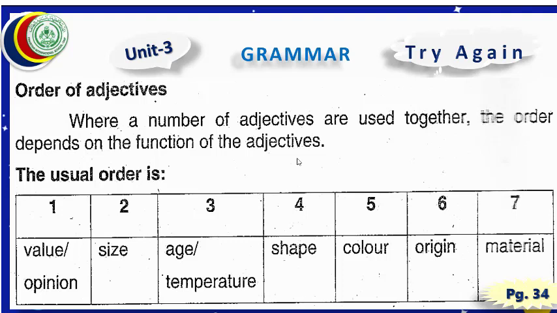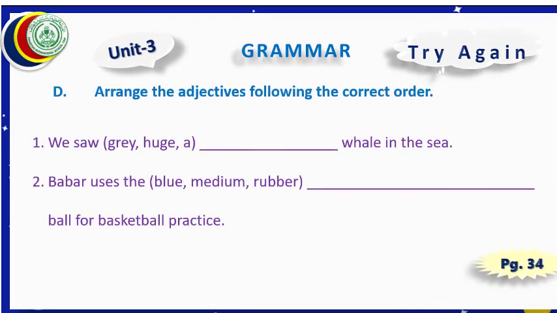noun. Let us try to understand more clearly while doing this exercise to arrange the adjectives. Dear students, here you can see in part number 1, we saw grey, huge, a, whale. All these adjectives are telling us about whale. What is the noun? Whale.